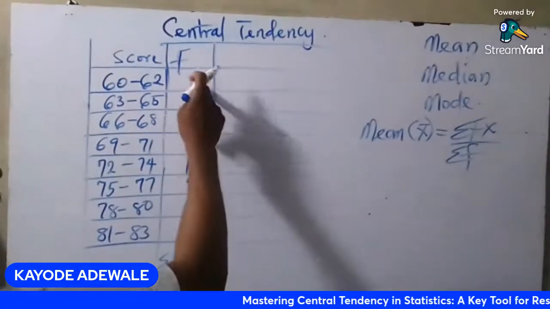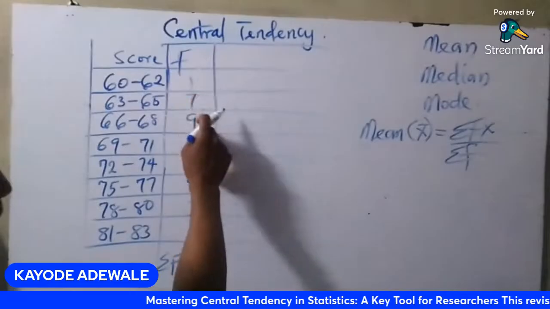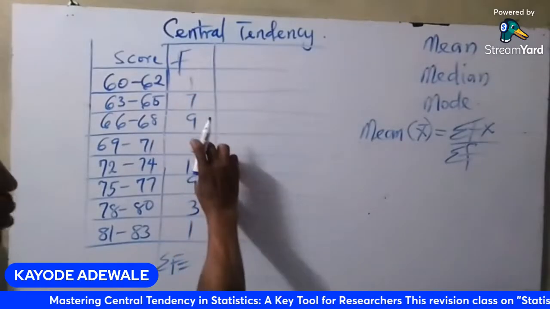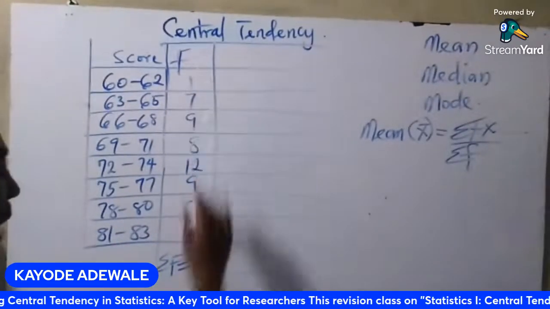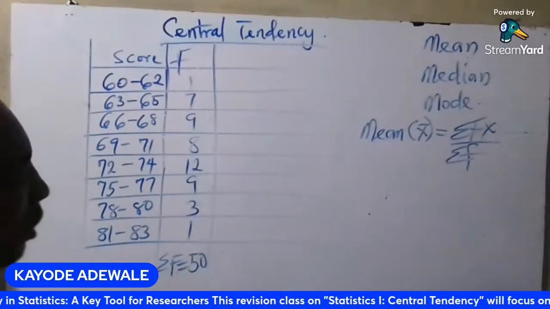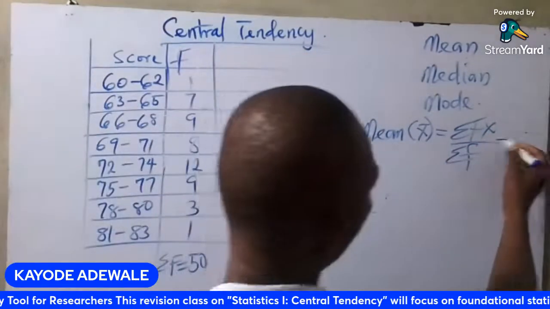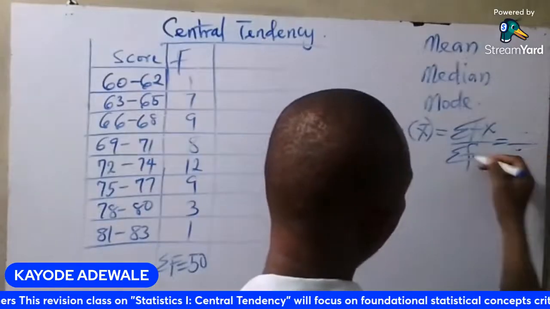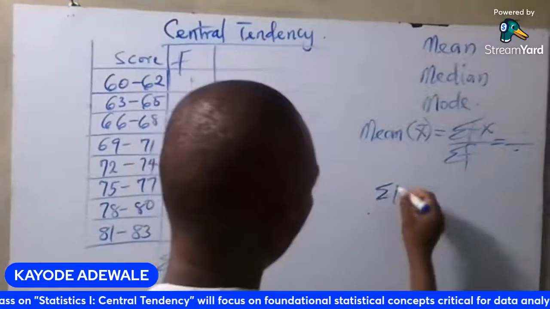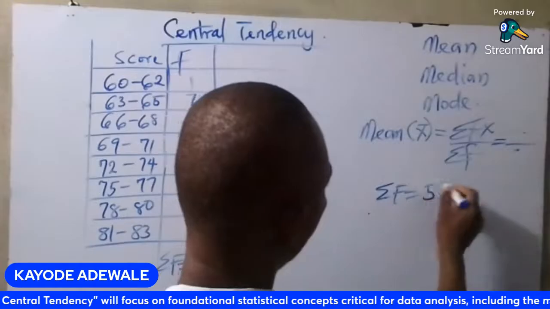When we add 1 plus 7 plus 9 plus 8, these give 20. When you add everything together, it's going to give us 50. So that means my summation f is 50.